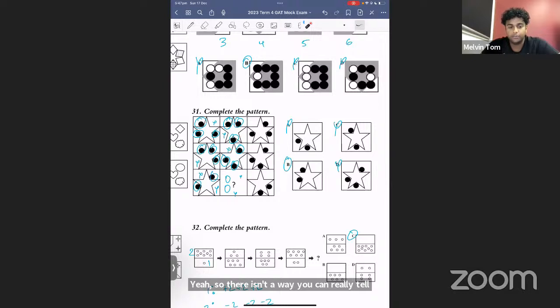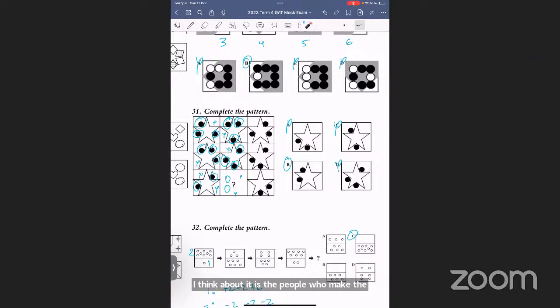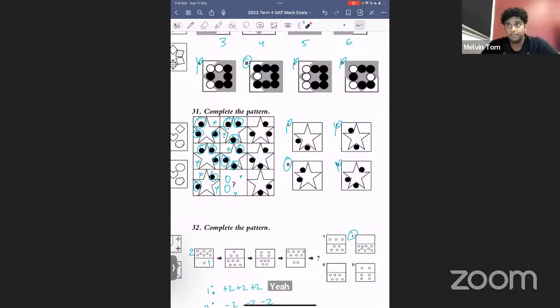The way I think about it is that the people who make the questions are also humans, and they speak English, which you read left to right. Because of that, they will have a bias when making questions, and they're more likely to make questions that go like this than like this.